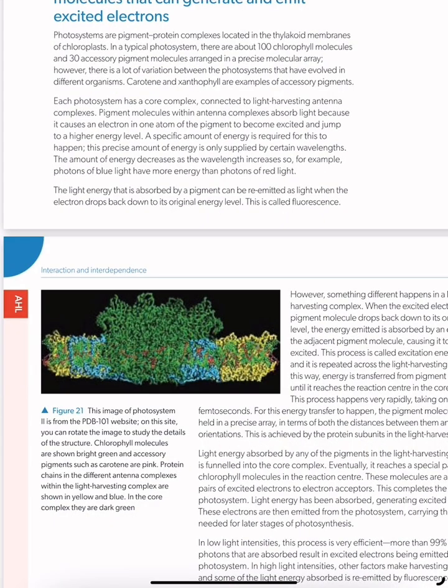So in these protein complexes, the pigment molecules absorb light to cause an electron in one atom to become excited and jump to a higher energy level. A specific amount of energy is required for this to happen, which is given by sunlight.